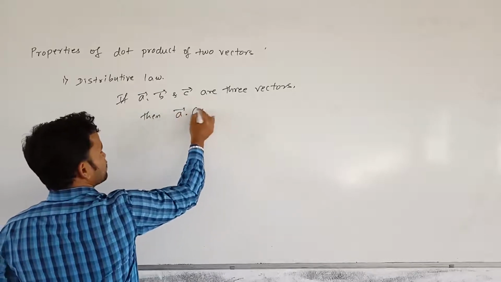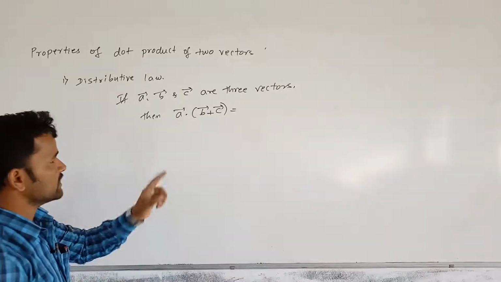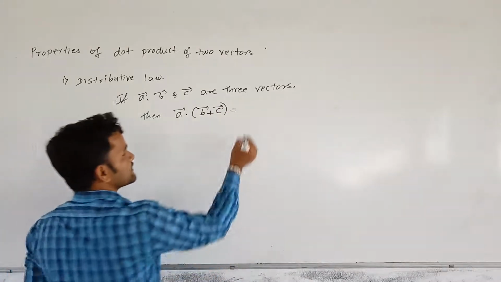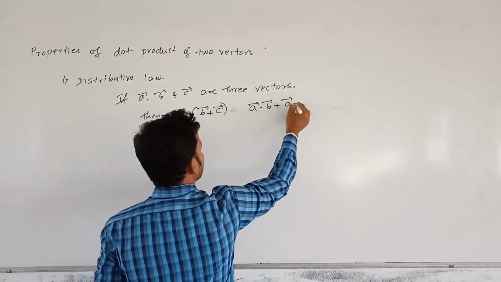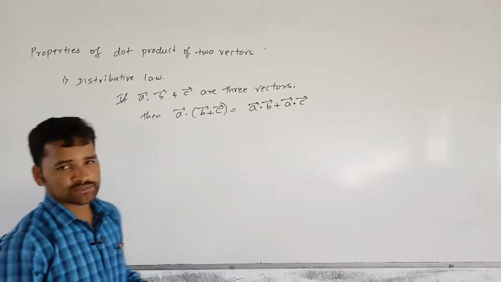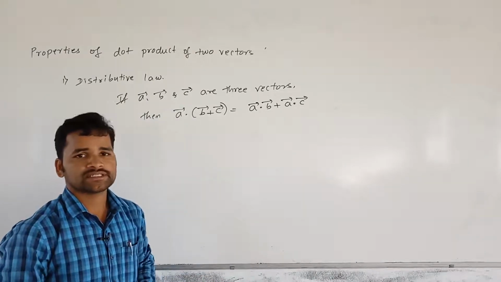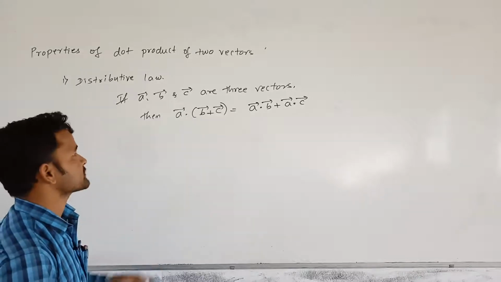A dot (B plus C) is equal to A dot B plus A dot C. Yes, we can take it like this because this is the distributive law. The distributive law is valid in the case of the dot product of two vectors.